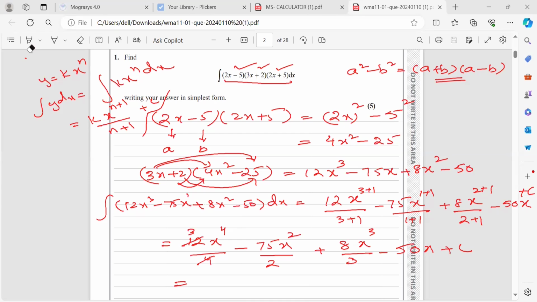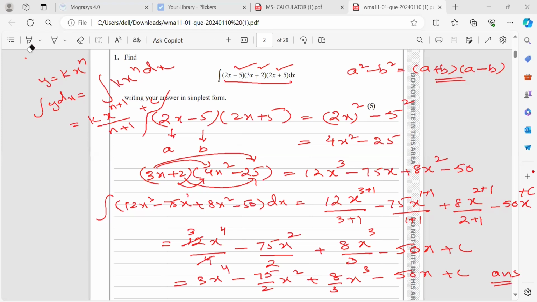So we have 3x power 4, then minus 75 upon 2 x squared plus 8 upon 3 x cubed minus 50x plus c. This is the answer for question number 1.